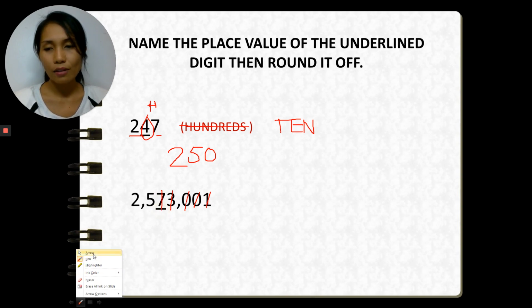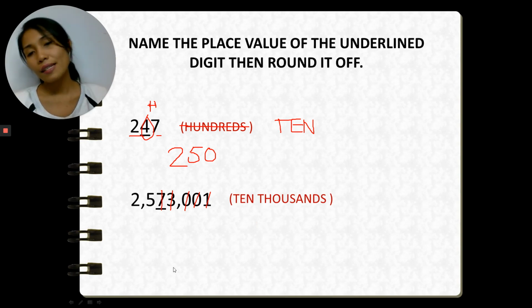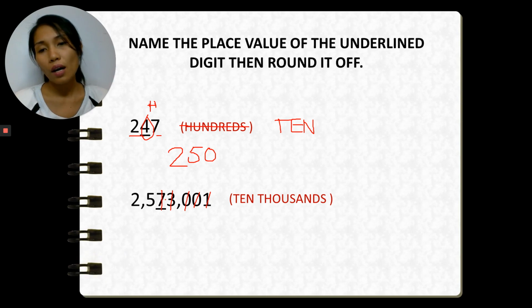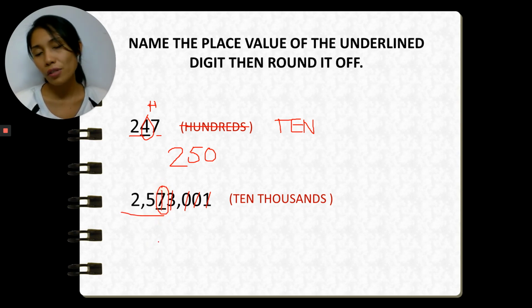Okay, 10,000. Okay, so since that's 10,000s, let's round this up to the nearest 10,000s. Okay, 7 is here. So let's copy all the numbers to the left of this 7.